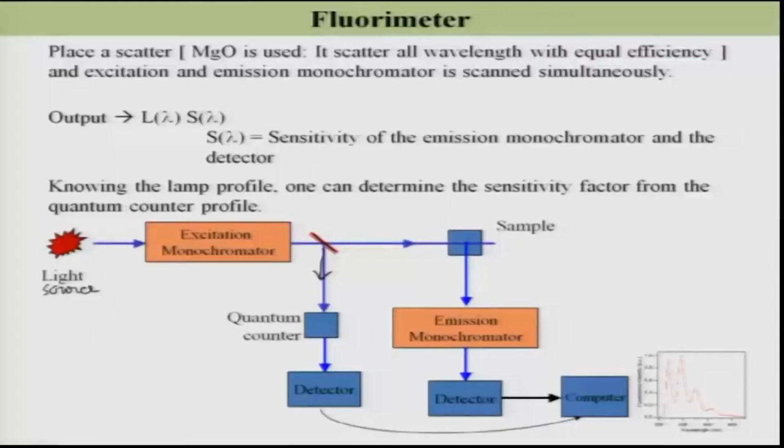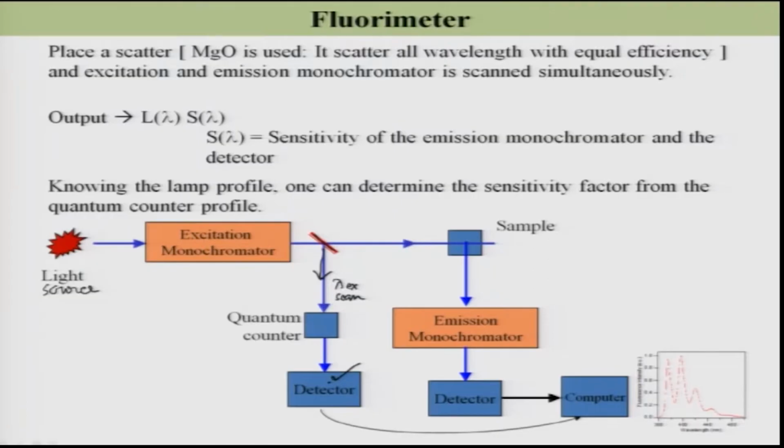There is some arrangement to do that; I will not go into that detail. So that the complete emission is collected and detected by this detector. The complete emission from this molecule will be detected, and as you change the excitation wavelength, lambda excitation scan, the detector signal will also vary accordingly.